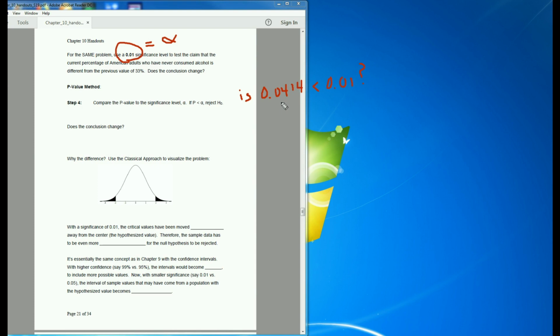Well, 0.04 something is not less than 0.01. No, it is not less than that. So does the conclusion change? Yes, because now we would fail to reject the null hypothesis.